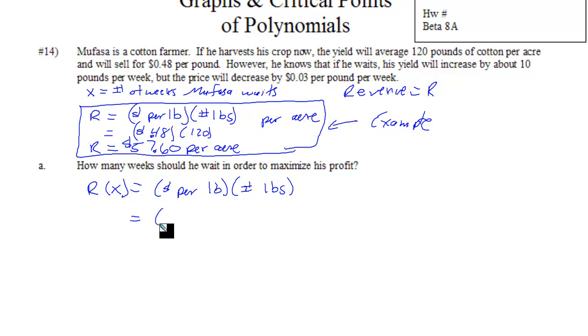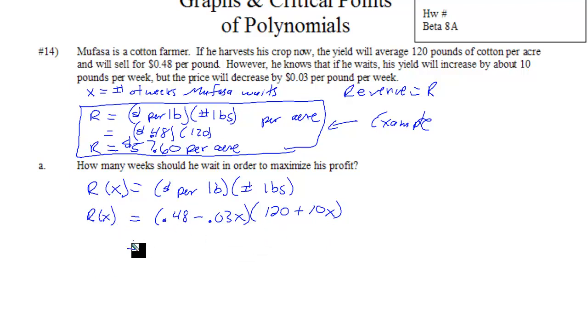Dollars per pound: it's currently 48 cents, and it's going to decrease by 3 cents every week, so that's minus 0.03 times x. How many pounds? He currently has 120 pounds. That's going to increase by 10 pounds per week, so it increases by 10x. This is our revenue function.